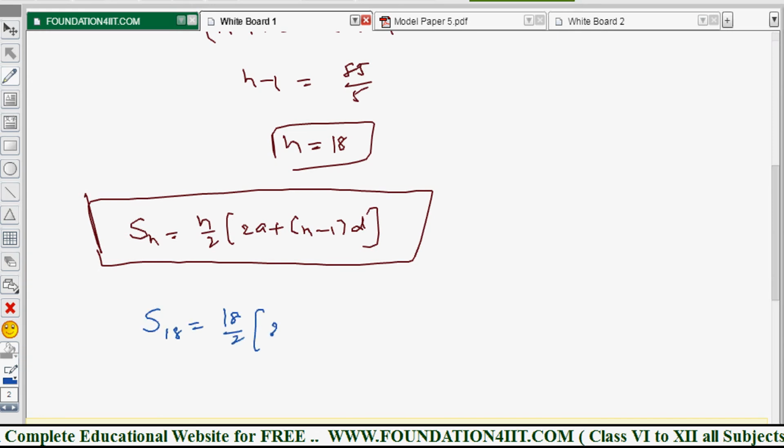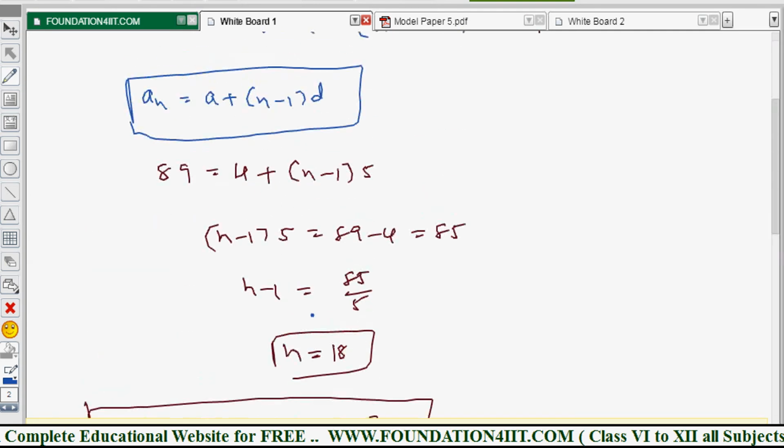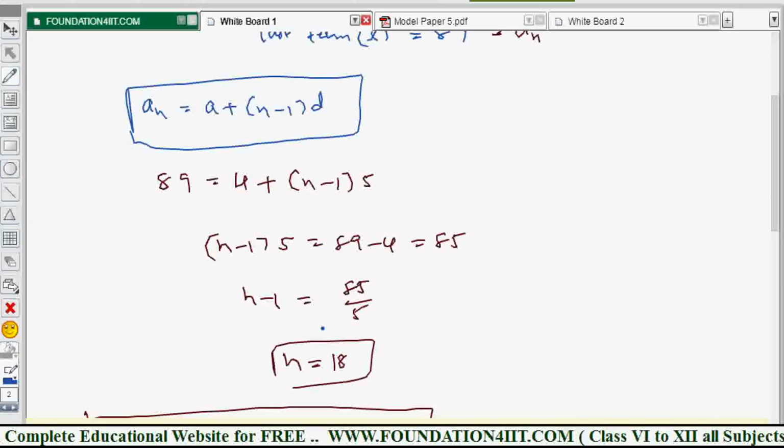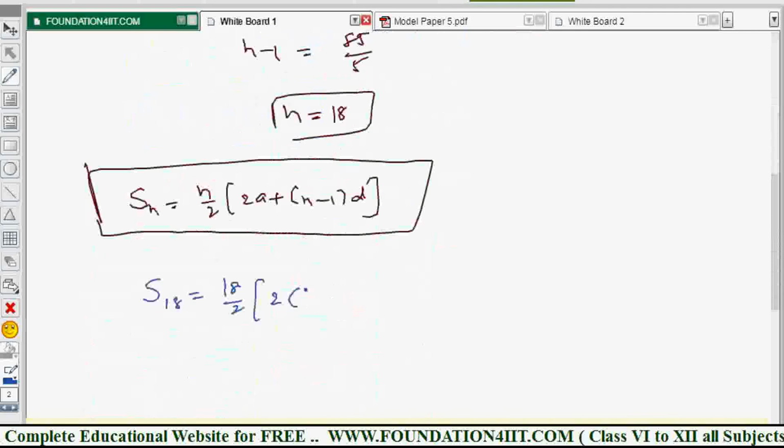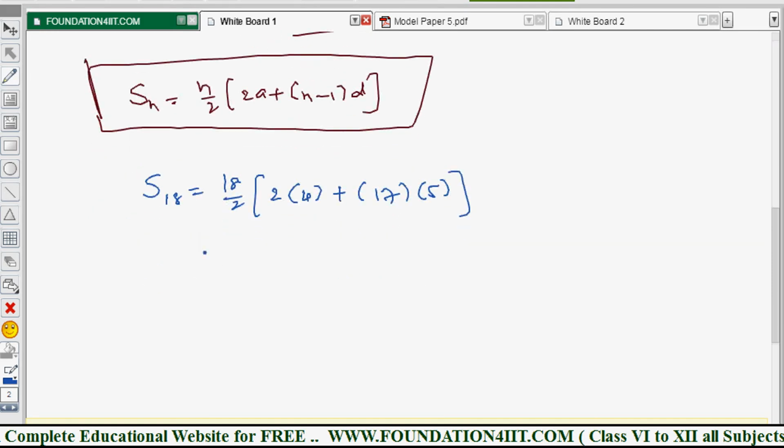So 18 by 2 into 2a, where the first term a is 4, plus n minus 1, that is 17, into the common difference 5. We simplify this: 18 by 2 is 9. 2 times 4 is 8, and 17 times 5 is 85, so the total is 93. 9 times 93 is 837. That is the sum of 18 terms.